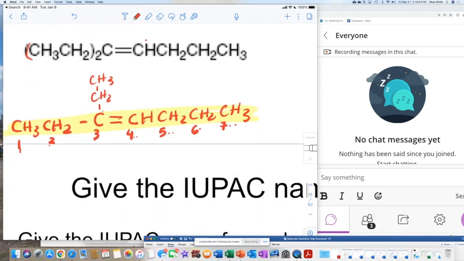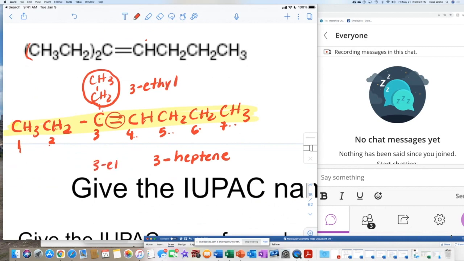So if I have 7 carbons, that's going to be what? Heptene. Because it's a double bond, right? Okay. And my double bond is on position or carbon number 3. So 3-heptene. Do I have a side group? Yes, this one here. This is on carbon 3, so it's 3-ethyl.